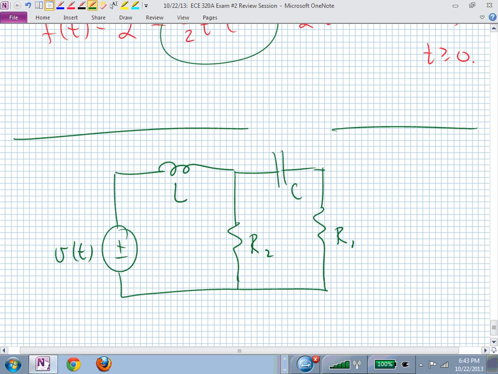You could use the ladder technique to find this. But in terms of what variables do you probably want to be using to write your equations? The capacitor voltage and the inductor current.